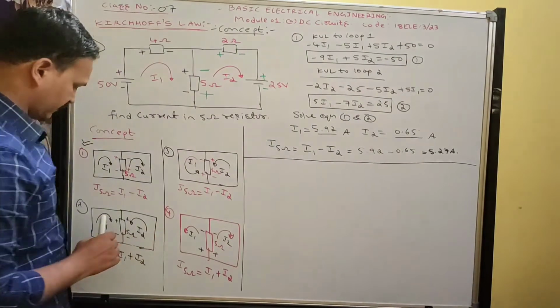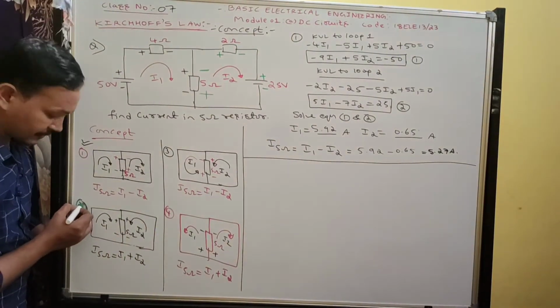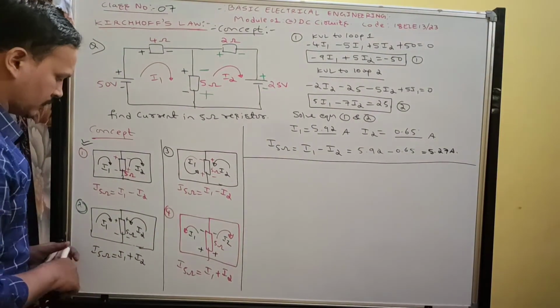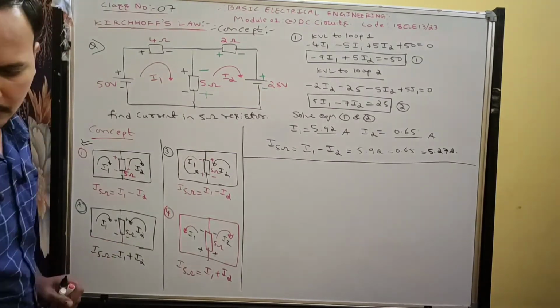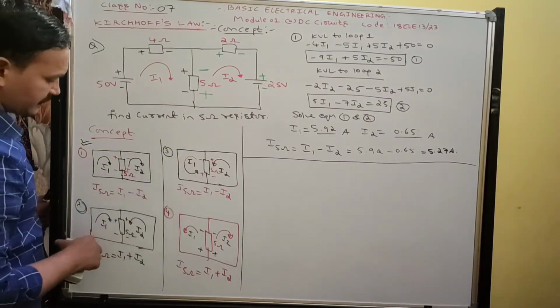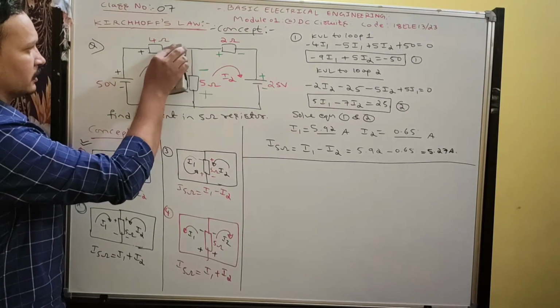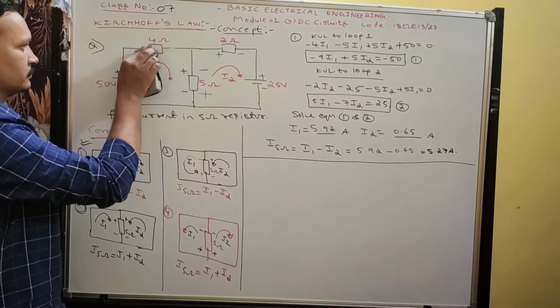Okay guys, next we can check out this concept. Okay, second concept. Now I am trying for these assumptions, so there is no need to draw once again. I will modify from this circuit itself.